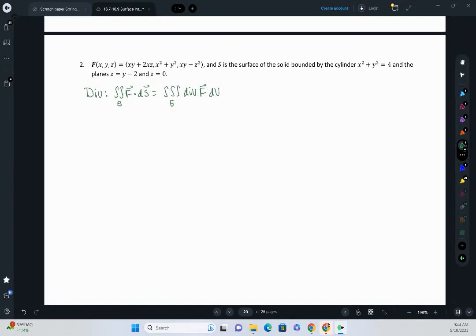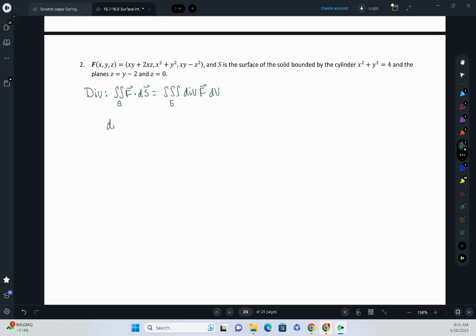Our surface is the surface of the solid that is bounded by the cylinder x squared plus y squared equals 4, and the planes z equals y minus 2 and z equals 0. Okay, so I'm going to go ahead and calculate my divergence first, since it's the easiest one to do here, and then we'll deal with our surface and the solid that's contained inside of it.